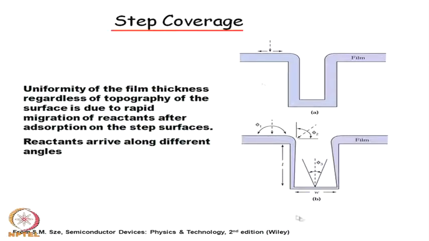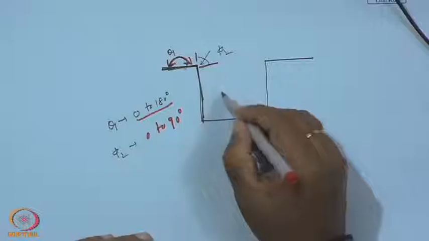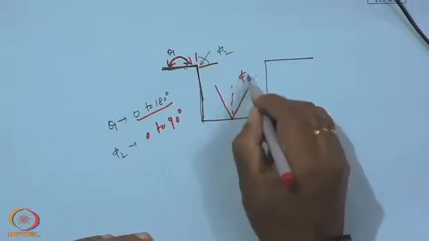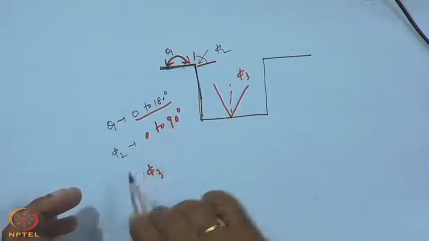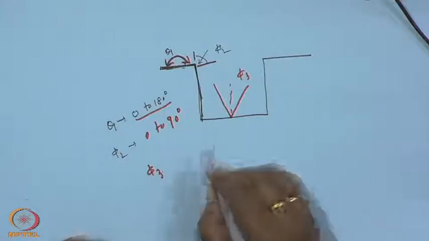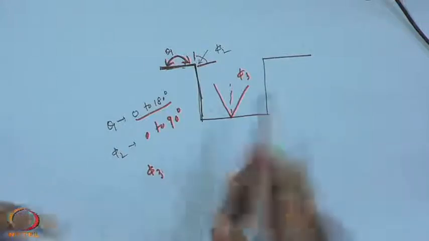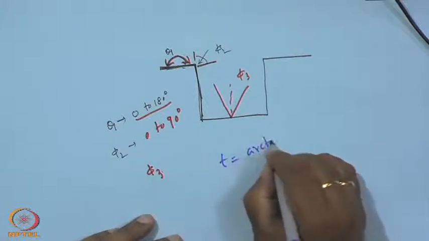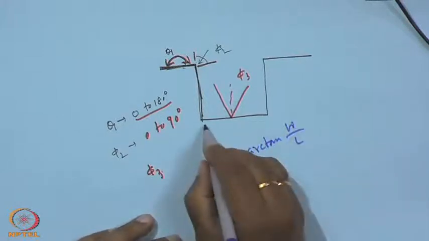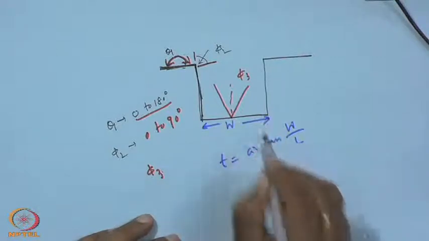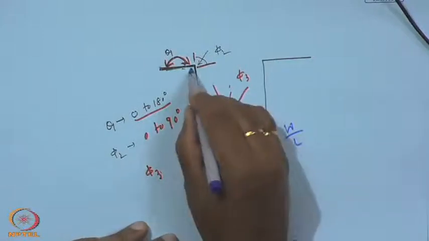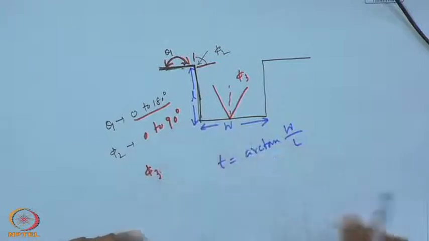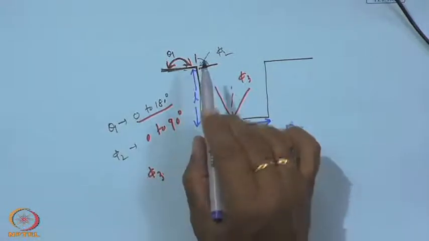Another case can be the opening, the window area, where the angle can be say phi 3, and this phi 3 will be any angle, but it is less than 90 degree obviously, and the thickness in that case will be obtained by the arctan W by L, where W is the width of the window or the opening area, and L is the height or the distance up to the top surface.